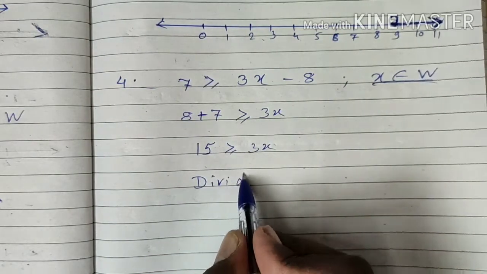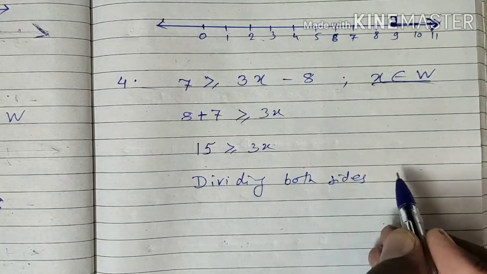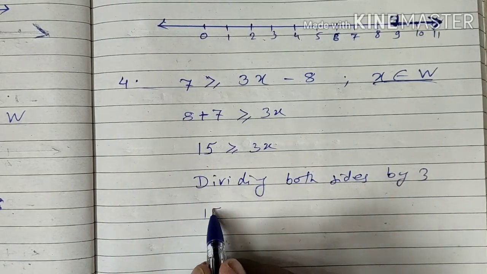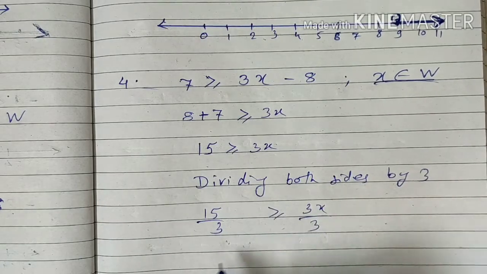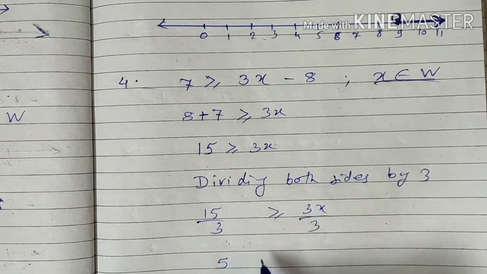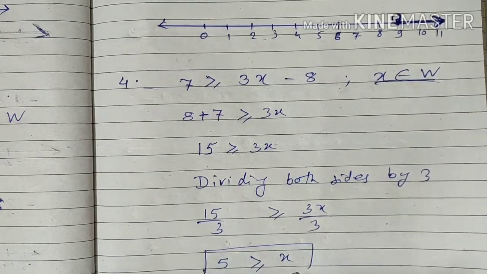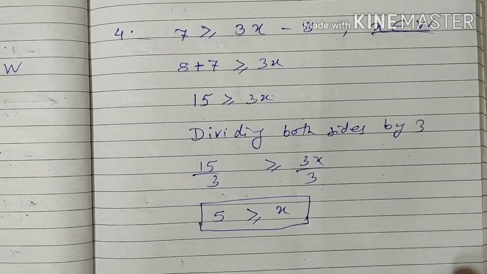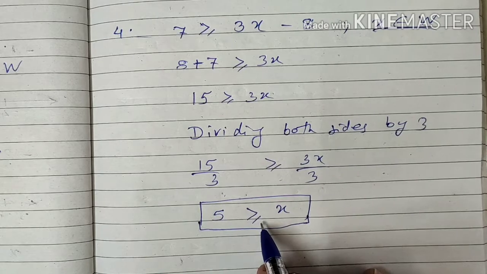Dividing both sides by 3. So when we divide both sides by 3, 15 divided by 3, and also 3x divided by 3, so it becomes 3 5s are 15, x. That means the value of x is less than or equal to 5.